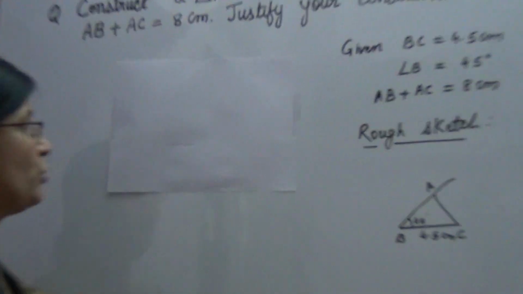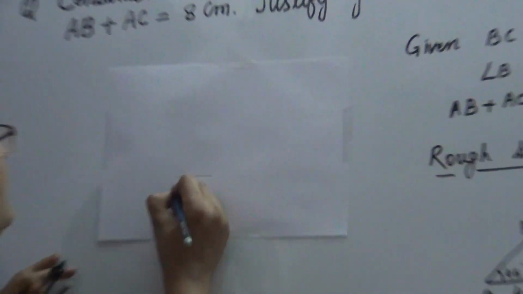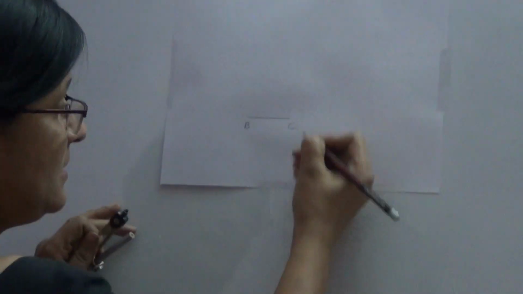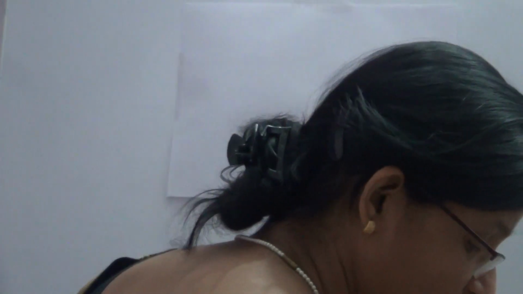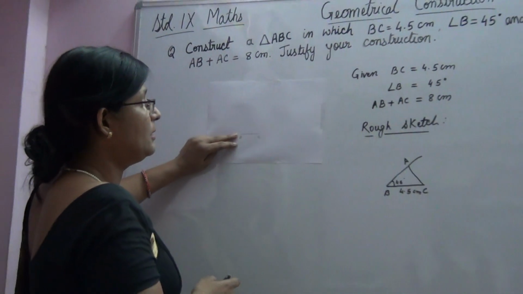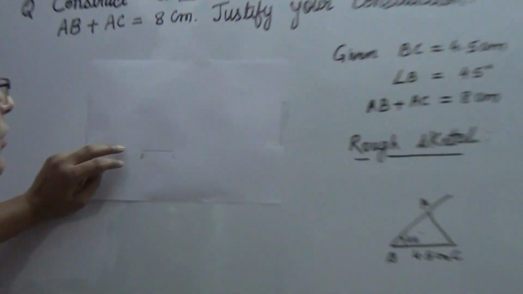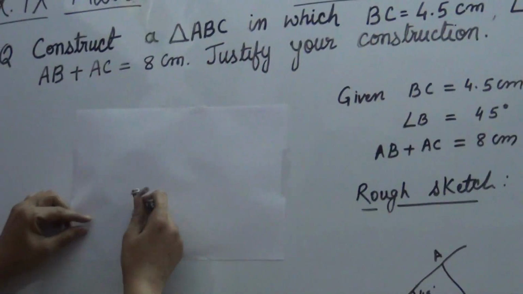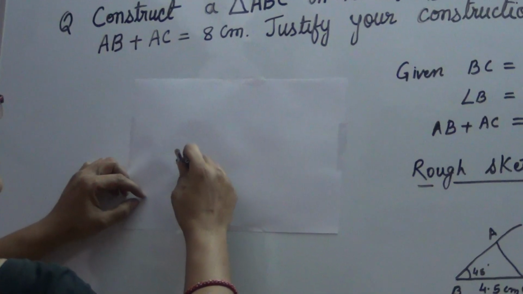Now after drawing this line BC, let us name it BC. After completing the construction, I'll use this marker so that it will be clearly visible to everyone. Now at B, we have to draw an angle of 45 degrees. This 45 degree angle we have to draw using the compass only.